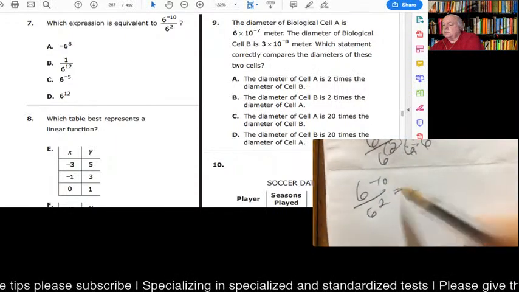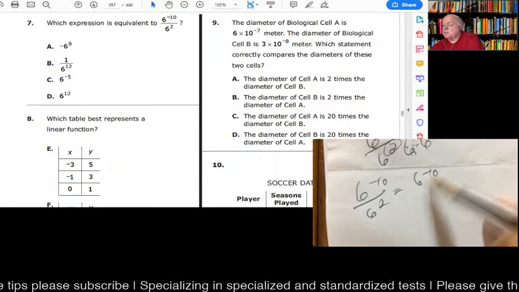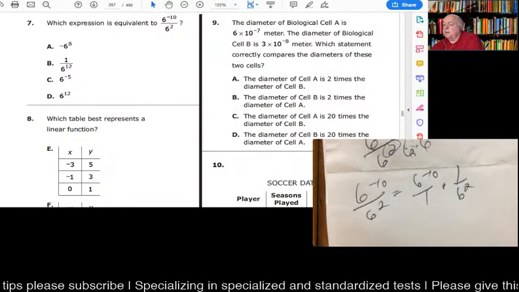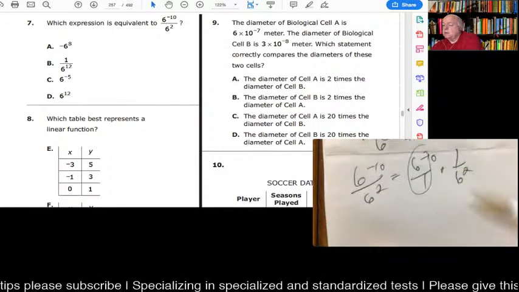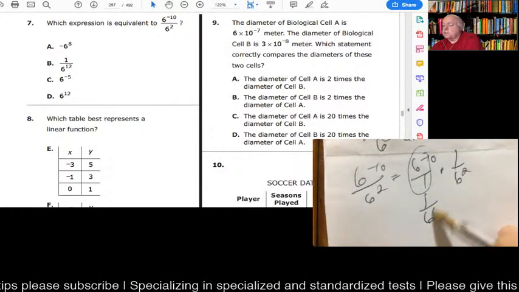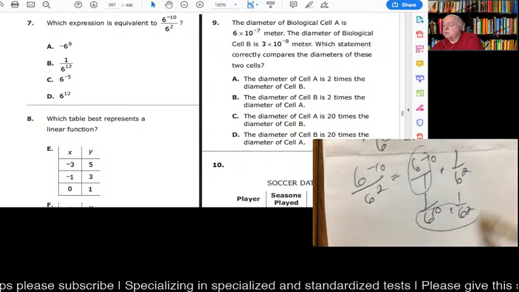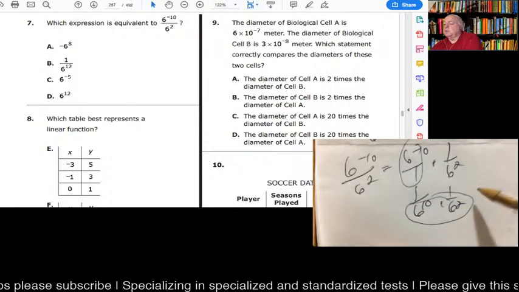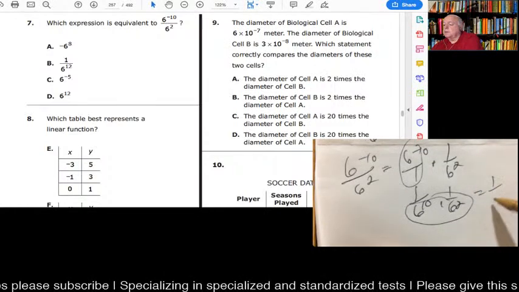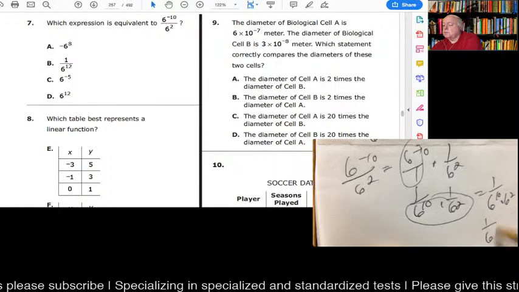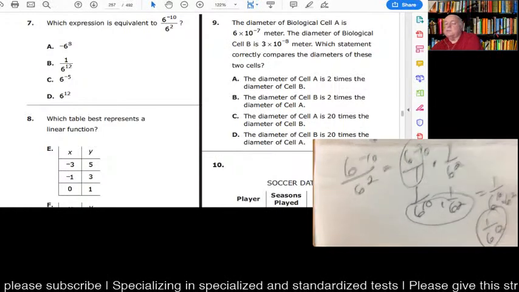So this is equal to 6 to the minus 10 over 1 times 1 over 6 squared. So 6 to the minus 10 is the same as 1 over 6 to the 10th, times 1 over 6 squared. So now we're just doing denominator multiplication. And that's equal to 1 over 6 to the 10 times 6 squared, and that's equal to 1 over 6 to the 12th. There's a couple ways to do this.